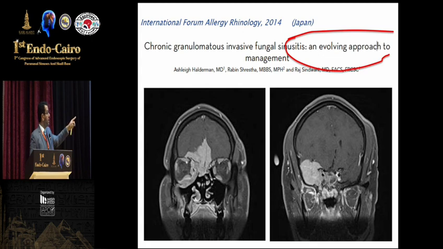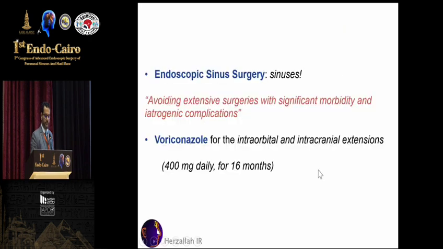And then 3 more cases from Japan, same disease, 2014. They are presenting this small case series looking at this extensive example of chronic invasive fungal, you see, with this intracranial extension.